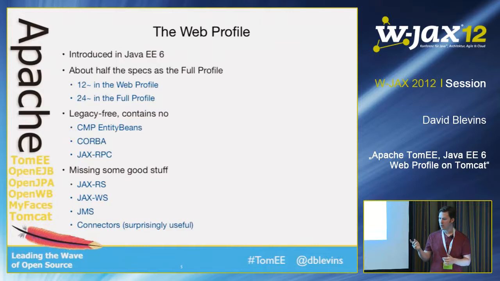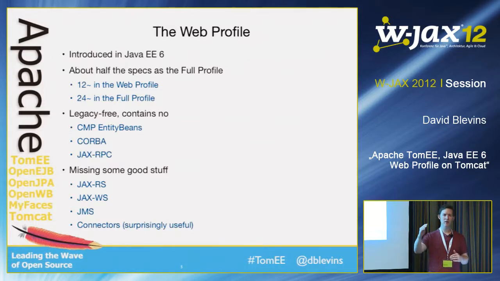The web profile aims to fix a very real problem with Java EE, and that is, it was too big. There's too much in it. After more than 10 years of existence, it had built up a certain number of legacy APIs that are not used, no one needs, and they're there for backwards compatibility, so we couldn't exactly just remove them completely.